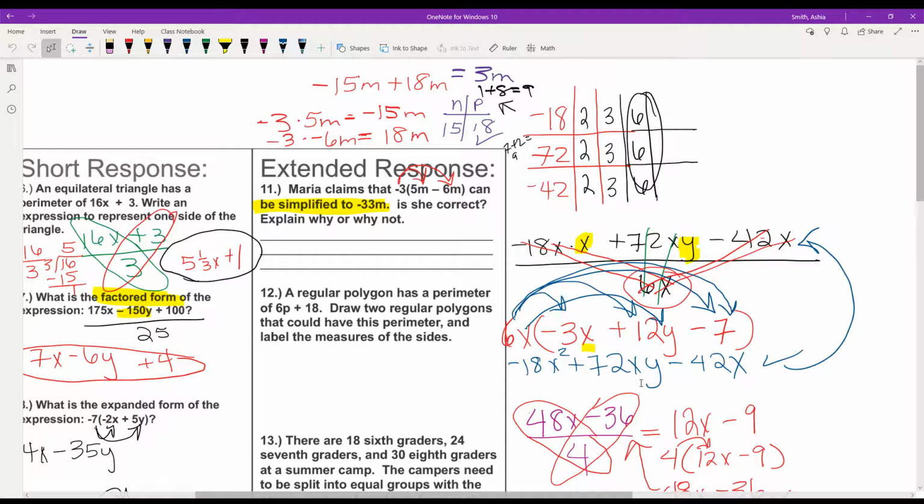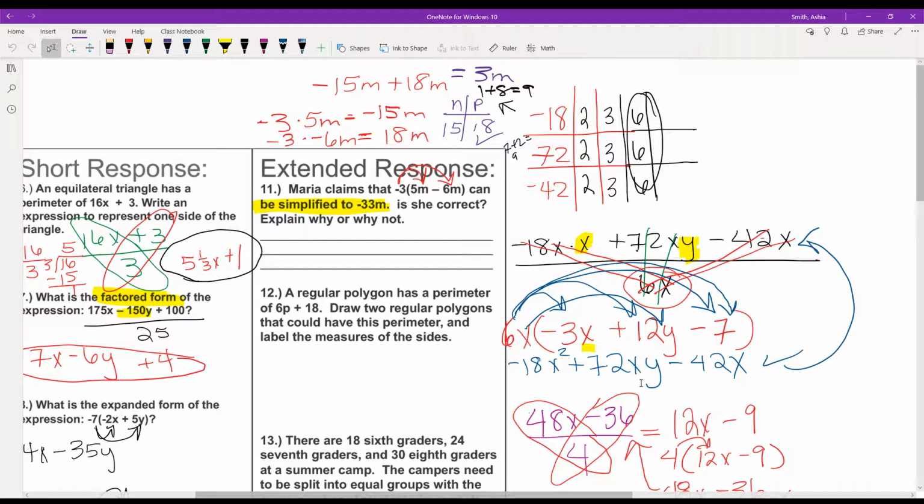I think that what Maria might have done was, when she was looking at her parentheses, maybe she added and got 11m instead of -m, because we could look at this another way also.